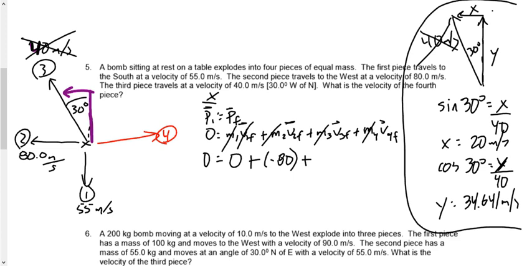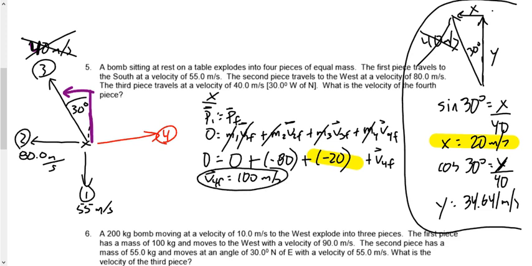No, not 30. Yeah, it's 20, but it's also left, so we're going to make it negative 20. Let's highlight that to remind us of where that came from. Plus V4F. So negative 100, take that over by adding, it's positive 100. So V4F equals 100. There's my X component.